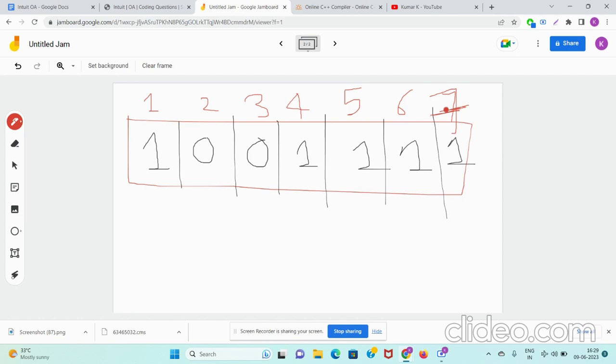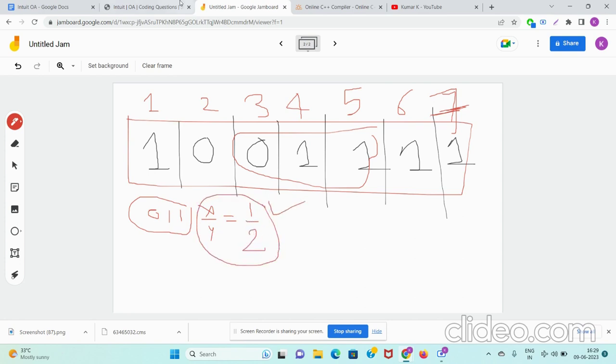So, guys, now we need to really focus. What is happening from 3 to 5? 3 to 5 looks like this: 0, 1, 1. So, here, what will be x by y? Number of 0 is 1 and number of 1 is 2. So, we wanted 1 by 2 only. We are correct. So, one valid subarray we found, guys.